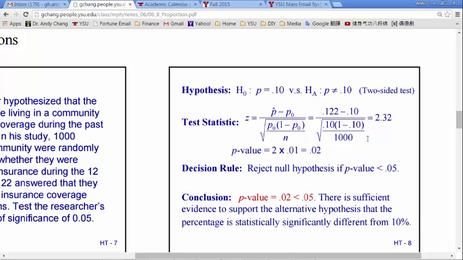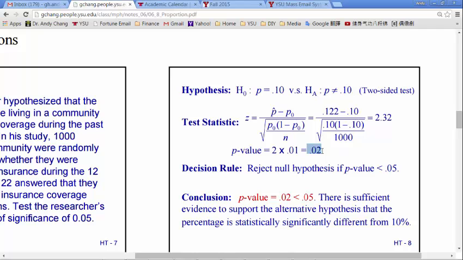So you plug that information in there, and you get the z-test statistic 2.32. And notice that it's a two-sided test. So the p-value will be the area to the right of this statistic. You use the z table to find that, and since it's a two-sided test, you multiply that tail area by 2. So you get the p-value for the two-sided test.